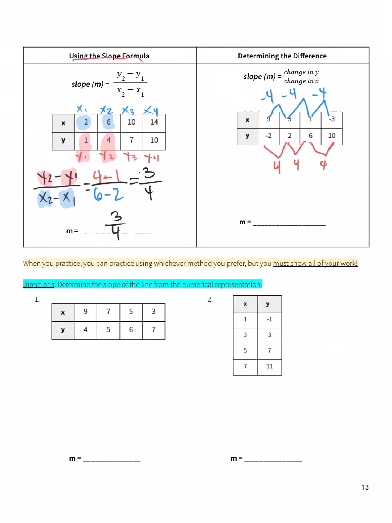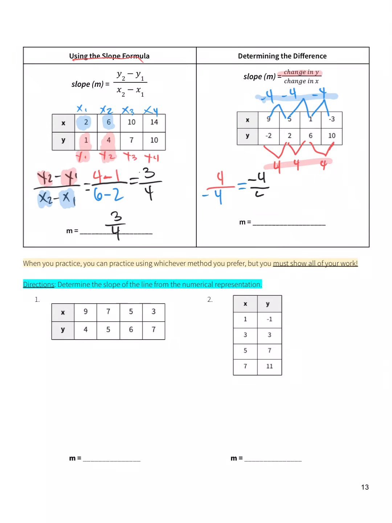Well, our last step is we know slope is change in y over change in x. Well, our change in y is 4 over our change in x, which is negative 4. All right, remember when we write our slope, we just always put that negative number on top.